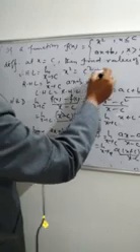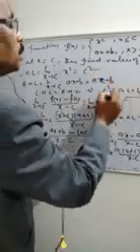Since it is differentiable, LSD is equal to RSD. So from this relation, a is equal to 2c. The first relation, equation 1, is c square equal to ac plus b. In place of a, we put 2c.